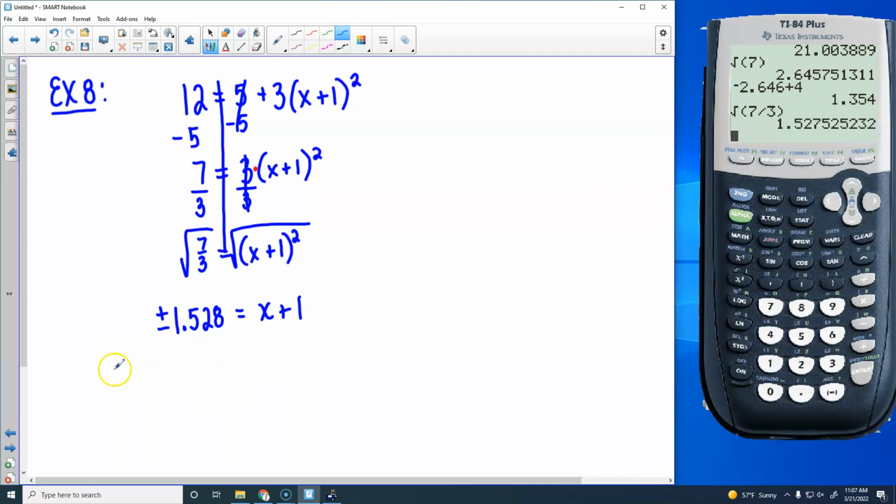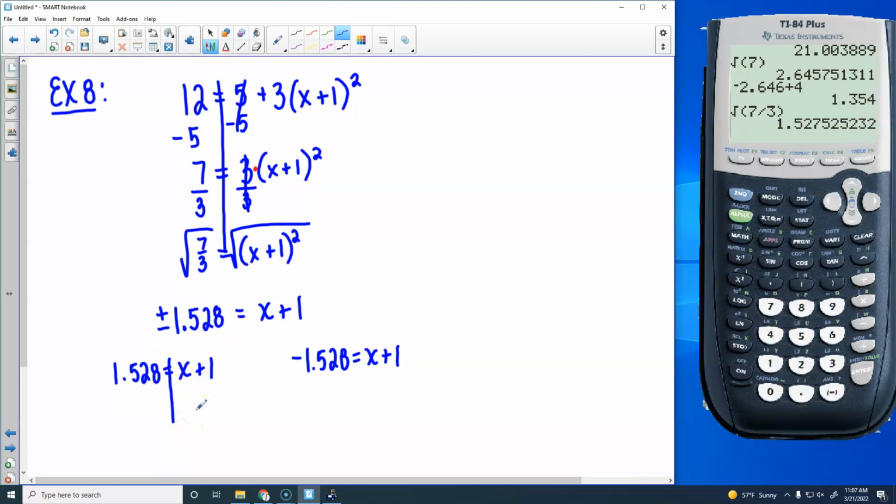And so this tells me I'm going to have 1.528 equals x plus 1. And I'll also have negative 1.528 equals x plus 1. And so, Ayla, how do I solve that first equation?